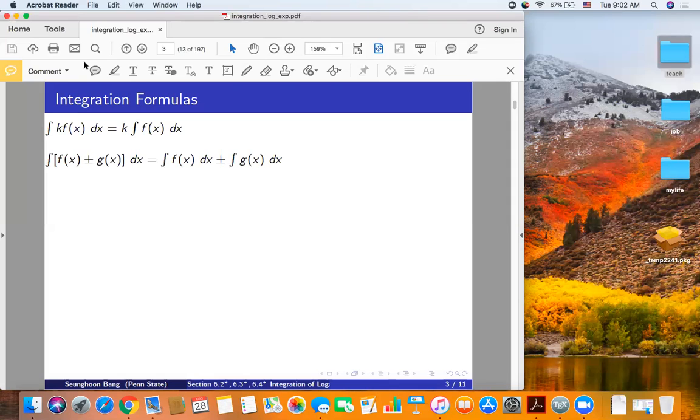I have one more question. What do you think about this one? The integral of f(x) times g(x) dx. Can we distribute the integral, the integral of f(x) dx times the integral of g(x) dx? Is this statement true or false?